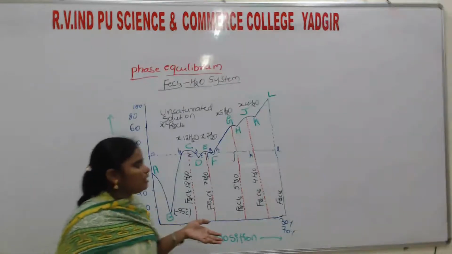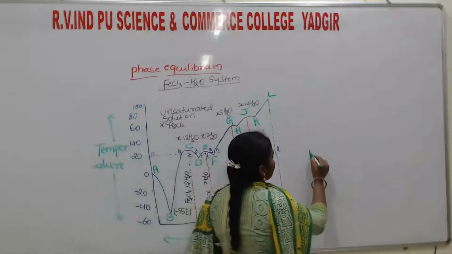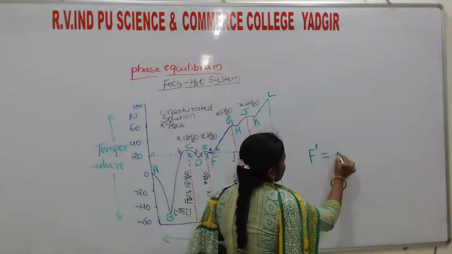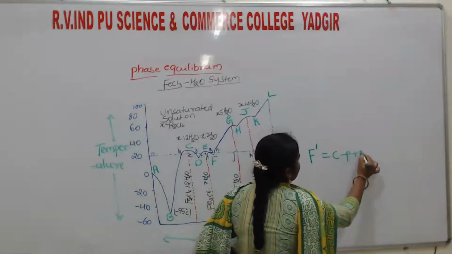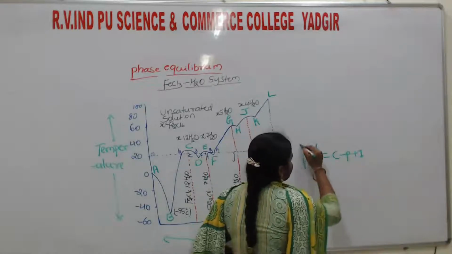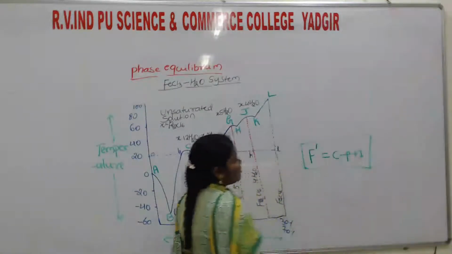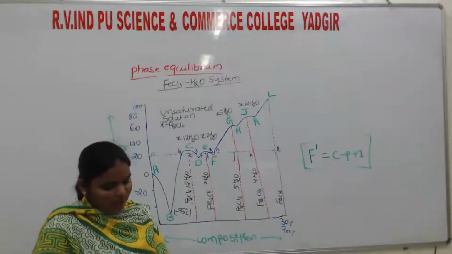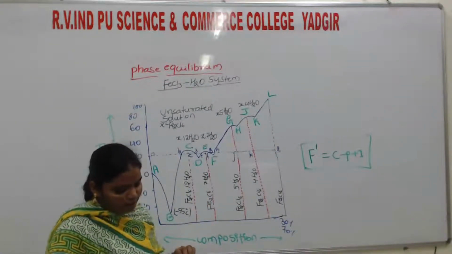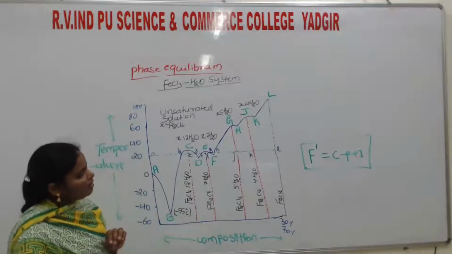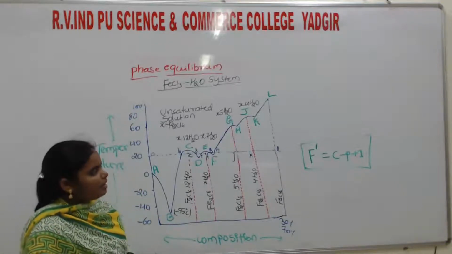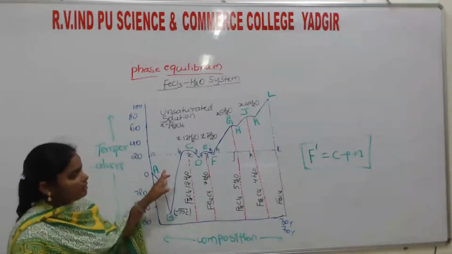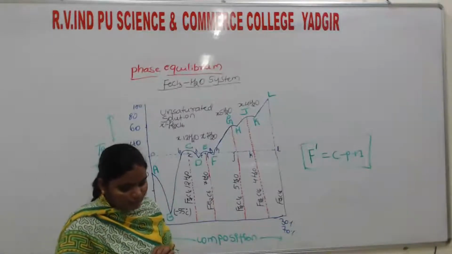You use the reduced phase rule, F dash is equal to C minus P plus 1. You are using this reduced Gibbs phase rule equation here. And there are 7 possible phases present.